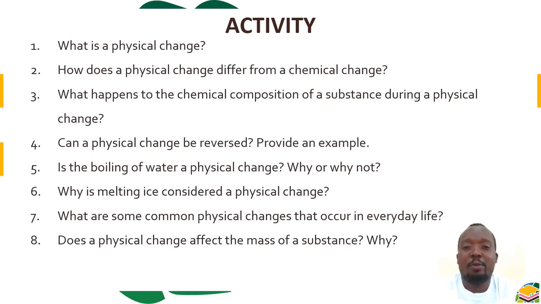And we have also looked at physical change. We have defined what physical change is. We have given examples of physical changes. And we have also looked at the key characteristics of a physical change. And we have also looked at the melting of ice as an example of a physical change. Good.